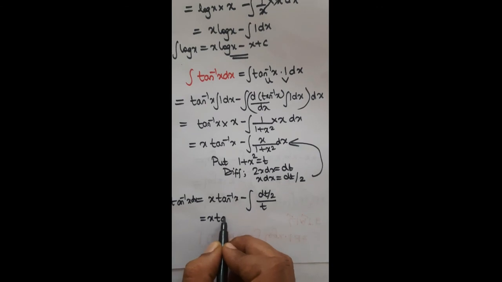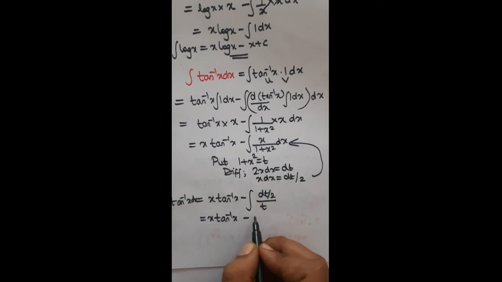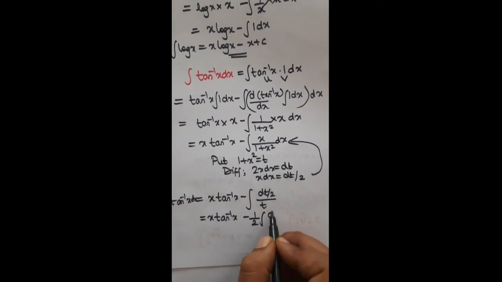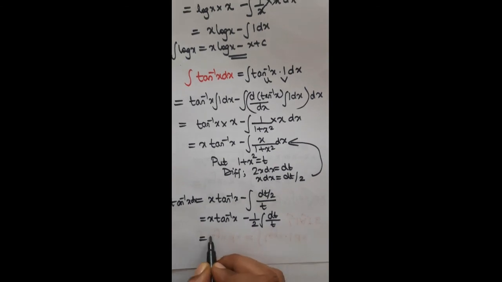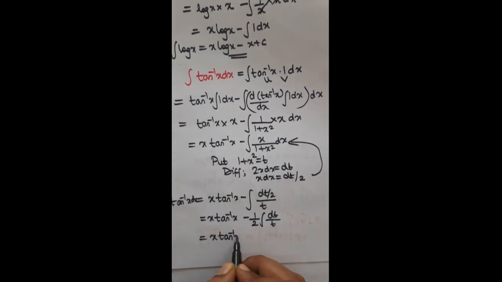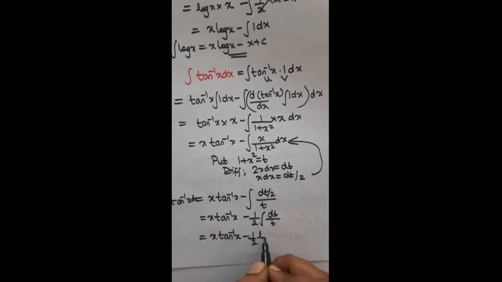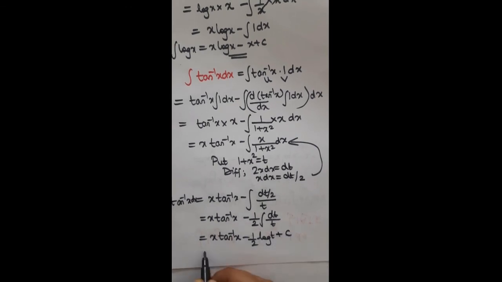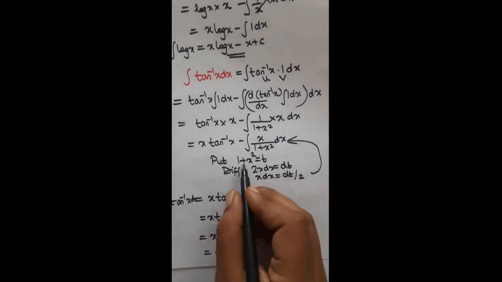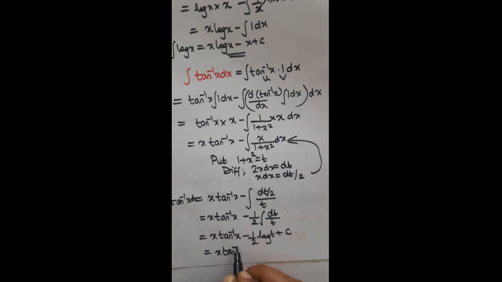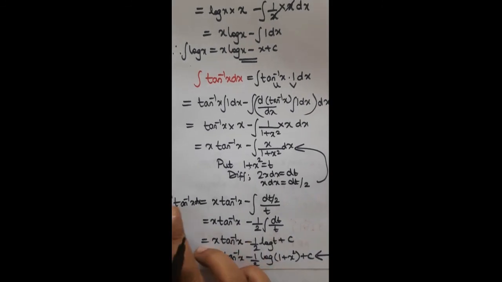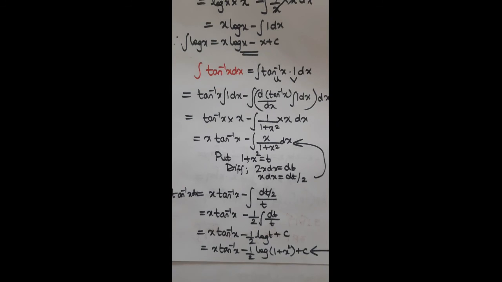So this is x tan inverse x minus 1 upon 2 outside dt upon t, which is x tan inverse x minus half of log t plus c. Replace t by 1 plus x square in your final answer, minus half log of 1 plus x square plus c. This is the answer for integration of tan inverse x.